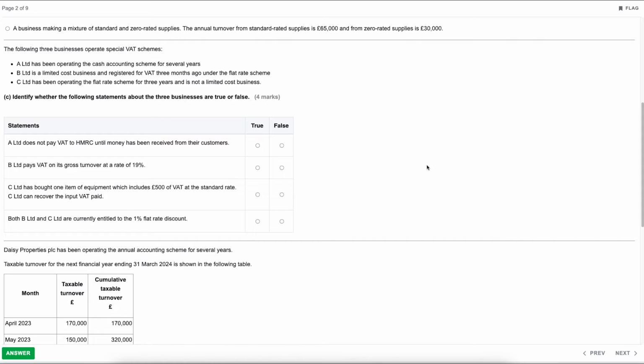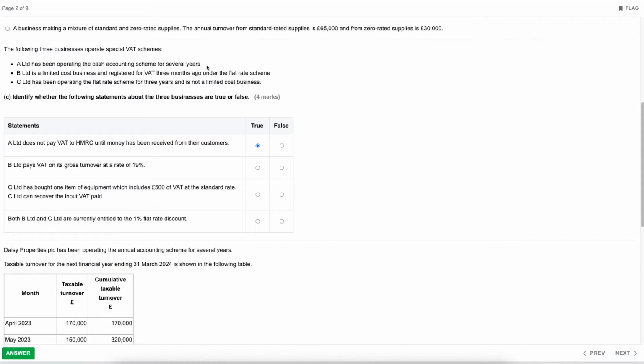So statement 1 then, A Limited does not pay VAT to HMRC until money has been received from their customers. So that would be absolutely correct. Remember, this first statement states that A Limited has been operating the cash accounting scheme. So we would only pay VAT or claim VAT back based upon what has been physically paid or received.